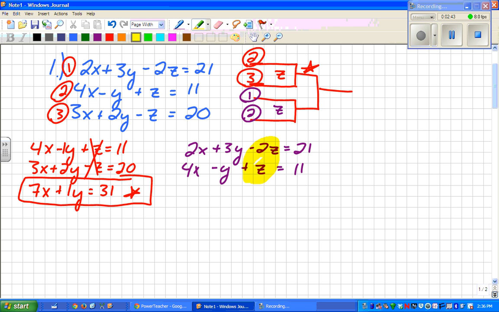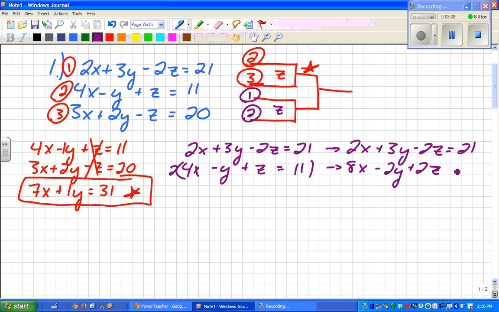Okay, now looking over here, z's are not going to cancel right now because there aren't any opposites. So what we have to do is multiply the second equation by 2 to get opposites. So the first equation stays the same: 2x plus 3y minus 2z equals 21. And when I multiply the second equation, I get 8x minus 2y plus 2z equals 22.